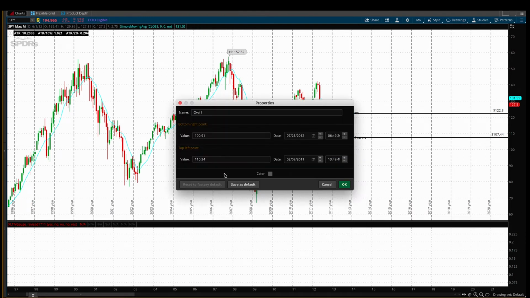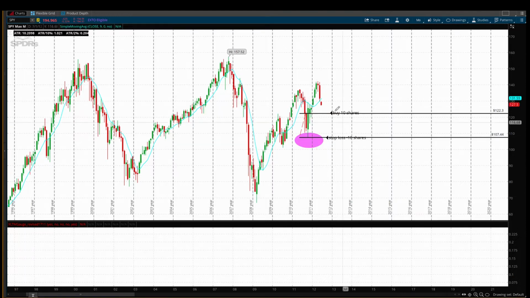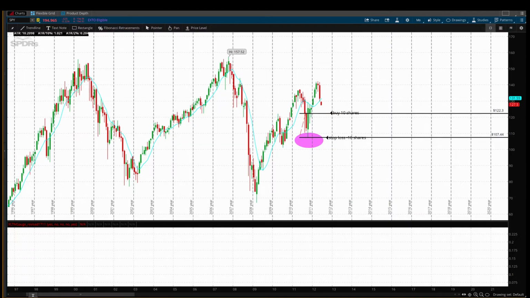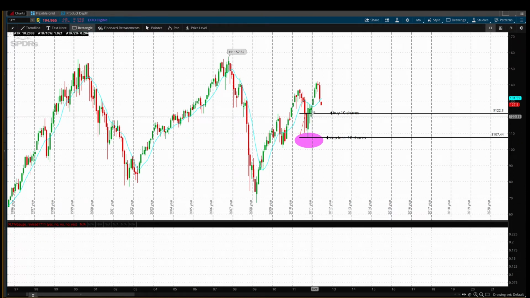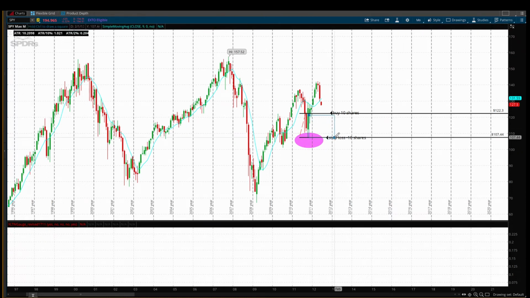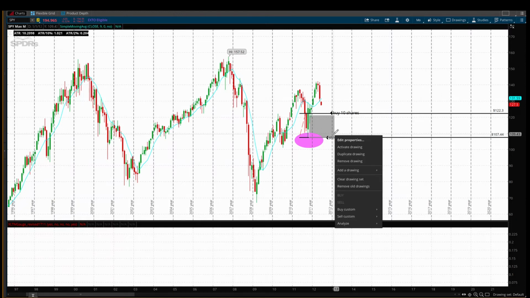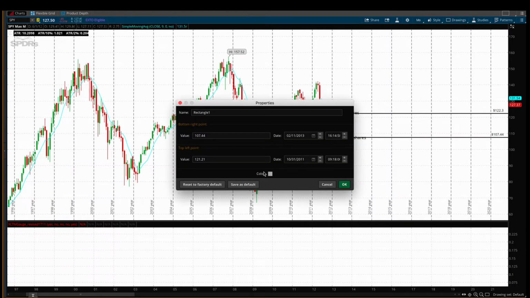Let me put it in a very nice color. Colors are attractive to look at. Okay, there. So if we entered this stock and decided to invest in it at that point in time, here's how we would go about adjusting your stop loss and managing your position to get the most out of it, and also dollar cost average on the upside.